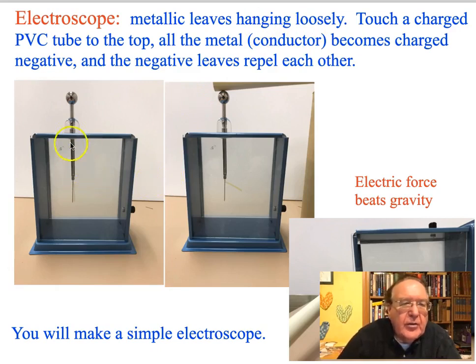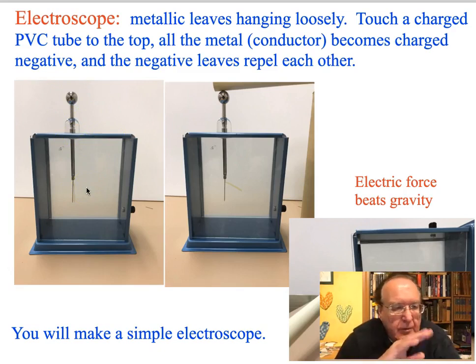On the left-hand side here, there's one metallic leaf that hangs down, and then the conductor goes up, and there's this ball on the top. And it's inside of this little glass box. You can take the glass sides off and get inside, okay? It's meant to prevent any wind currents or whatever. This is actually a gold foil on the inside.